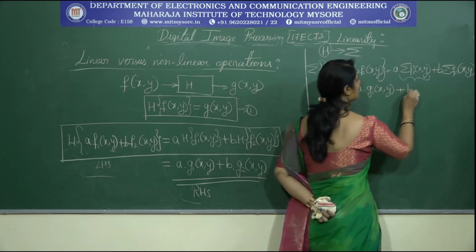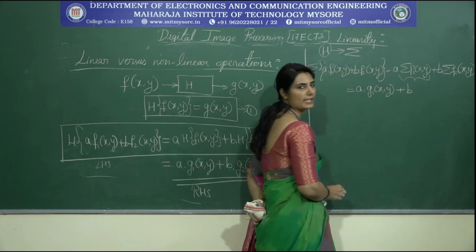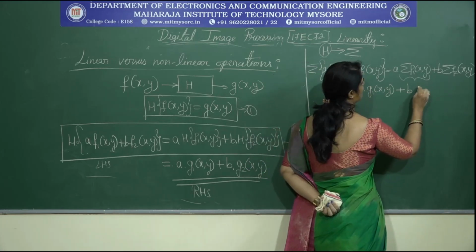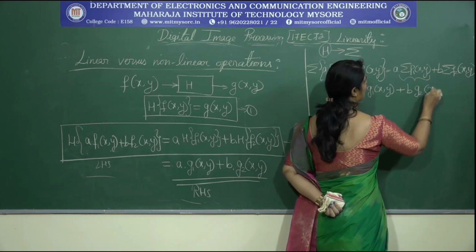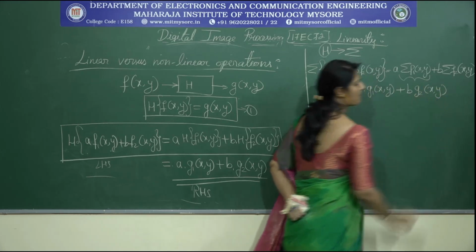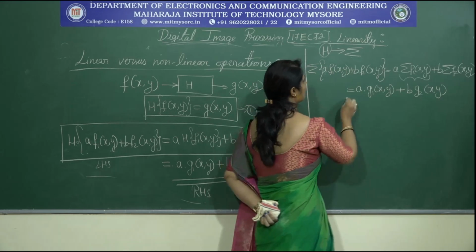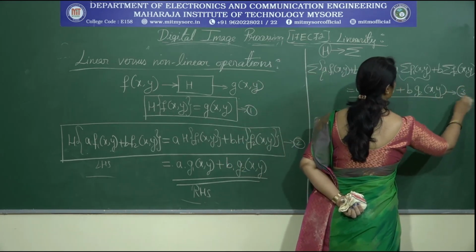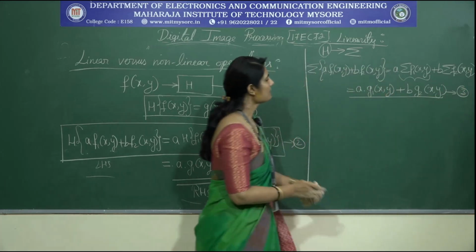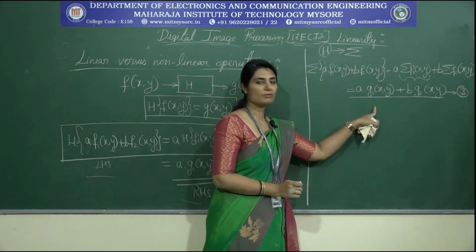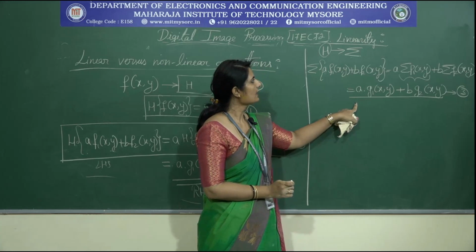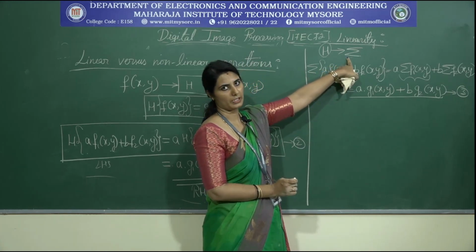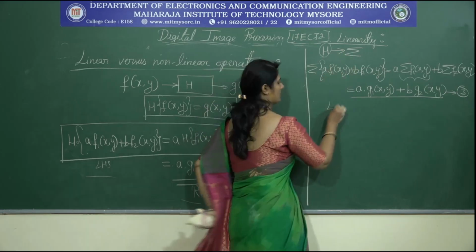Next, b into summation of f2 of x comma y is equal to g2 of x comma y. So if this LHS is equal to RHS, then we say that linearity holds good for the summation operation.